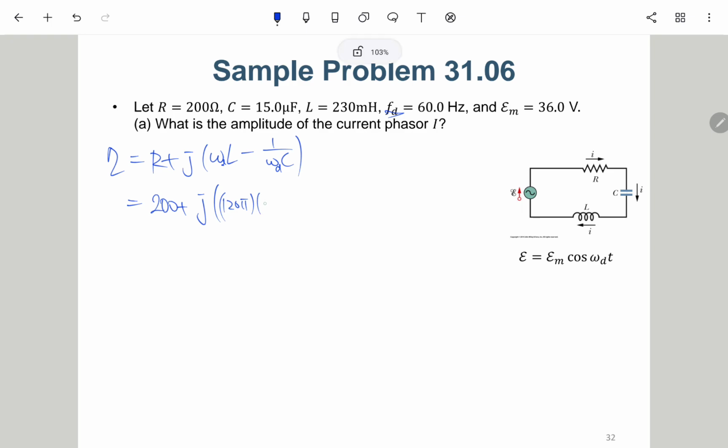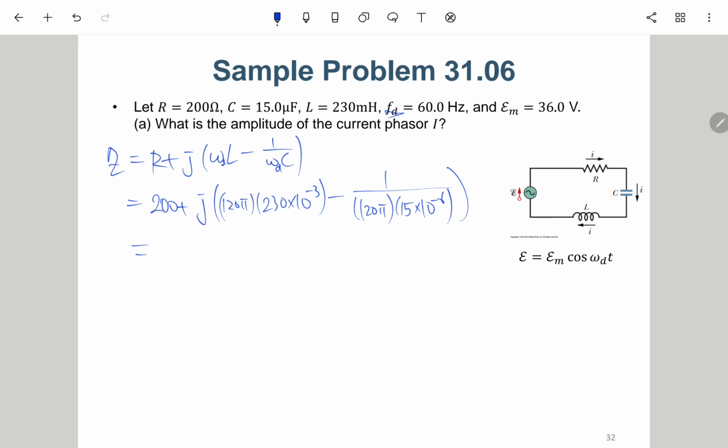L is 230 times 10 to the negative third power, minus 1 over 120 pi, and C is 15 times 10 to negative 6. We just plug in R, L, C in the expression of Z.